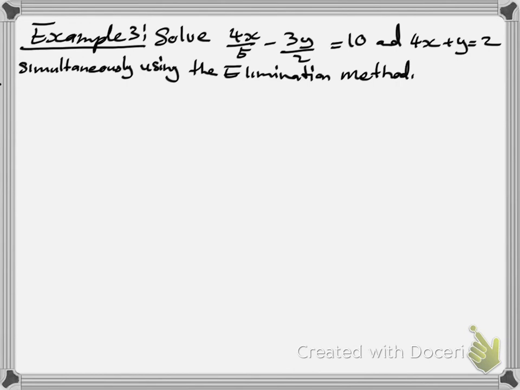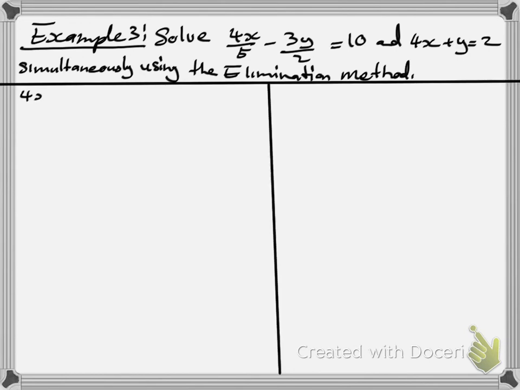Step number 1, I label my equations, equation number 1 and equation number 2, and then I identify which variable to eliminate. Remember to keep it simple again. So I'm going to eliminate y. Why am I eliminating y first? Because you can see the coefficient of y in the second equation is 1. So remember, keep it simple is the idea.